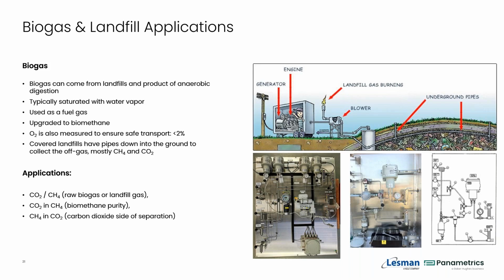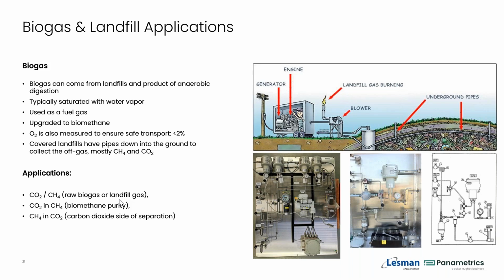So let's just take a look at this. What you typically have in these applications is the raw gas, whether it's a biogas or a landfill gas, is going to have methane and it's going to have carbon dioxide. If it's rich enough in methane, and if there's a local use for it, the customer may choose to do nothing.